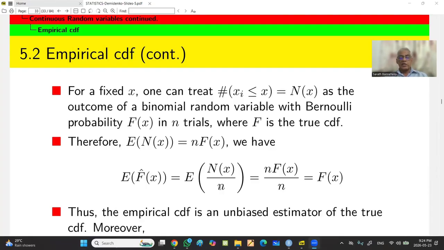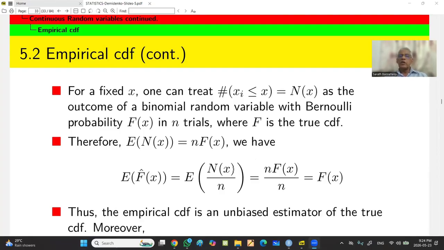But here n is a fixed number, therefore this is equal to the expected value of Nx divided by n. So what is the expected value of Nx? Nx is a random variable. Nx is the number of observations in our particular sample which are less than or equal to the value x.